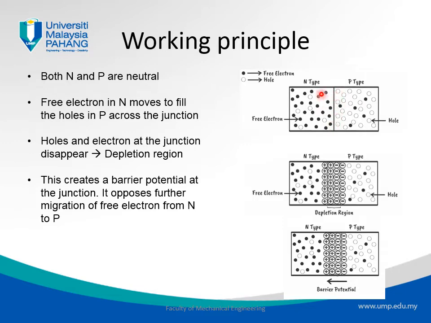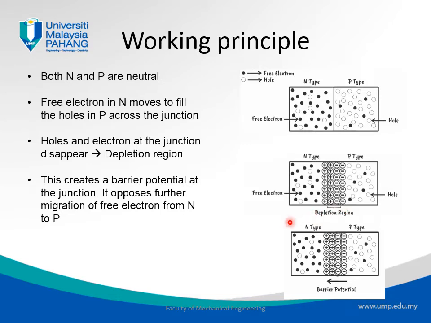As they fill in, they create a region where there are no more holes in the middle. This region on the junction of the P and N type material is what we call the depletion region, right?